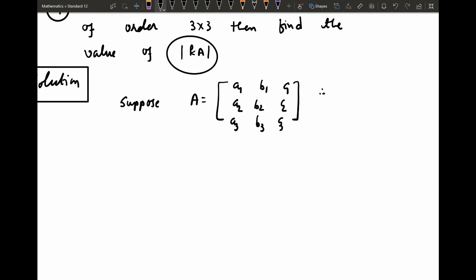So what is the determinant? This is not modulus, but determinant A equal to A1, B1, C1, A2, B2, C2, A3, B3, C3. This is determinant A.